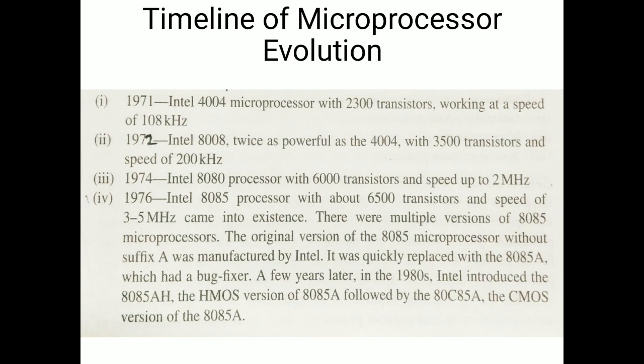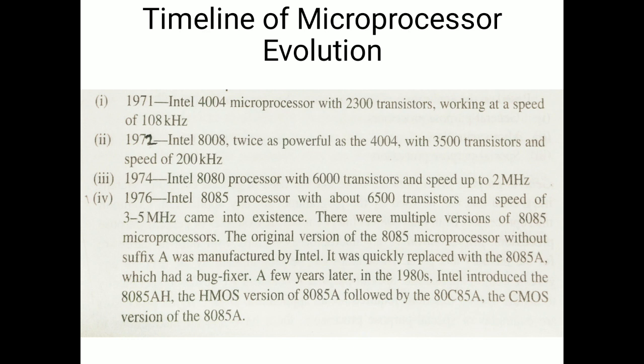So in the next slide, I have shown the timeline of microprocessor evolution, that is, in which year which microprocessor came along with the number of transistors it used and the speed of that particular microprocessor. In 1971, the Intel 4004 microprocessor came with 2300 transistors working at a speed of 108 kilohertz.